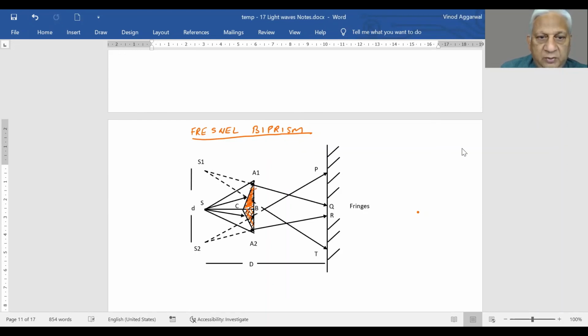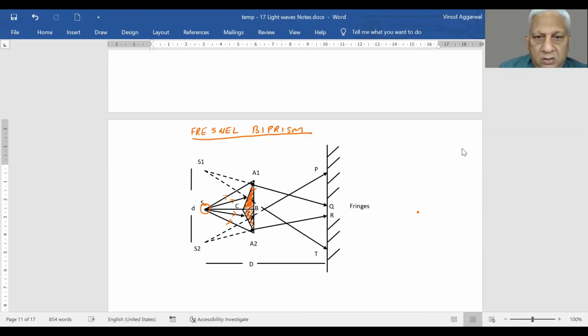These base angles are very small. When they are in this fashion, and if you have a source of light S here, the ray takes this path on the upper side. At the bottom side, they take this path, and you get, this is the screen.